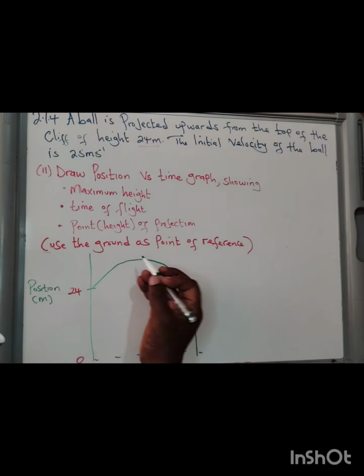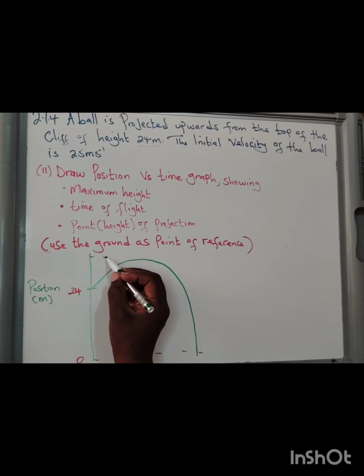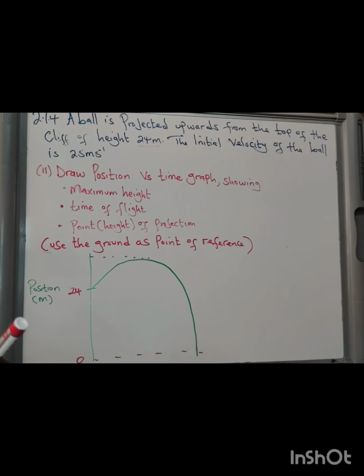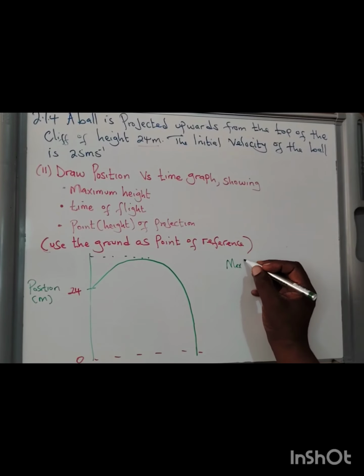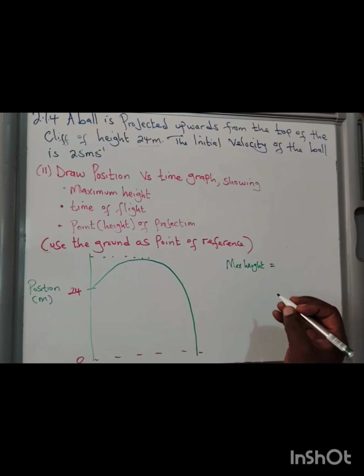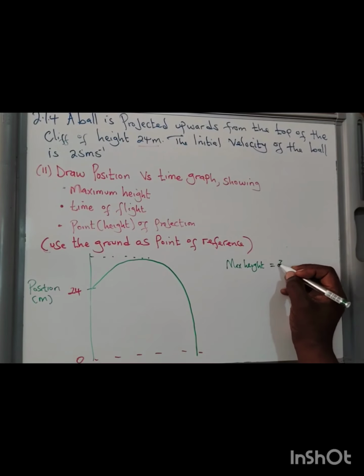So what else are we supposed to look for? We are supposed to look for the maximum height attained. And that one was calculated. Let us find it out. So the maximum height was calculated as 31.89 meters.